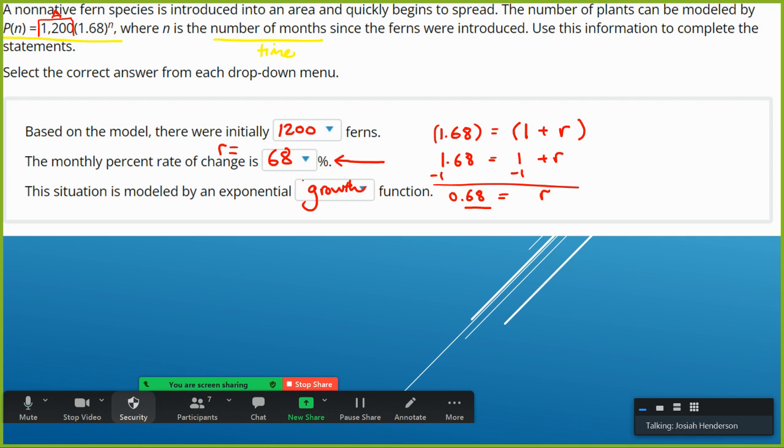That means the ferns are getting bigger. There's more and more and more of the ferns. How can we know that? Look back at the very top before I started even drawing. The whole value inside the parentheses is bigger than 1. 1.68, that's bigger than 1. So that means growth.